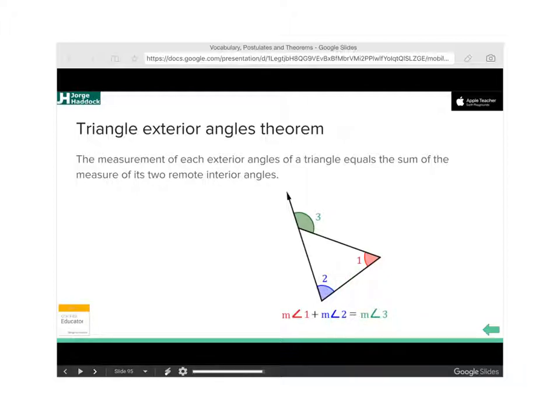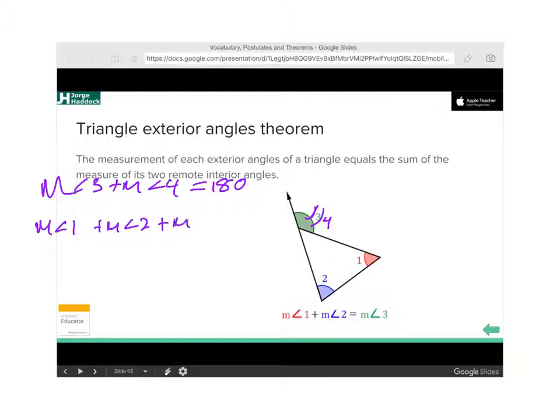And we can prove that theorem quickly. Angle 3 is going to be an angle pair with this angle right here. Let's name it 4. So the measure of angle 3 plus the measure of angle 4 is 180. And we know that the measure of angle 1 plus the measure of angle 2 plus the measure of angle 4 equals 180.